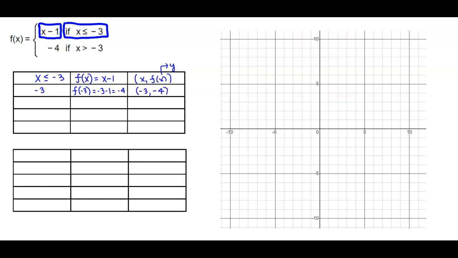Let's pick another number less than negative 3. The next number is negative 4, so we plug in f of negative 4, and we have negative 4 minus 1, which is equal to negative 5. Therefore we have negative 4, negative 5.